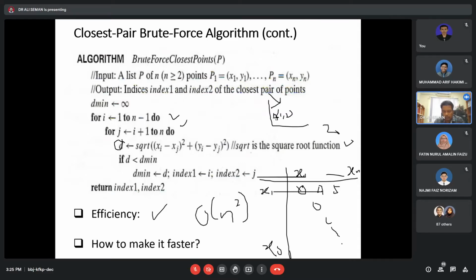Finally, we get a symmetric matrix, and we need to find which distance is the minimum. Maybe here, x1 and x3, based on the minimum distance when we calculate all this. That's why this matrix is n by n, so n times n, of course n squared. Automatically you can see that in terms of tendency, it becomes n squared. Clear?